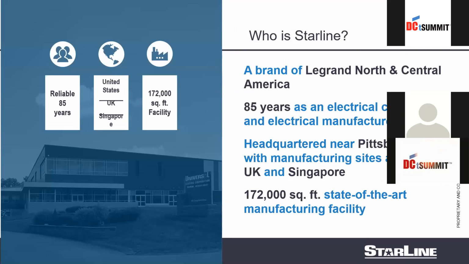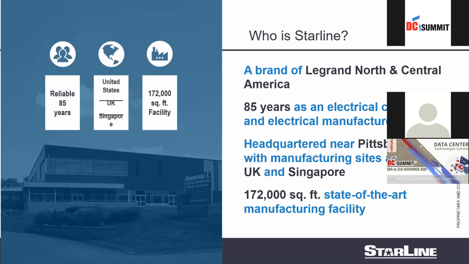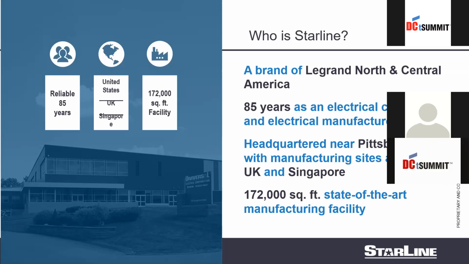Starline, we are a pioneer in data center bus bars, and the introduction of the track busway or the continuous access bus bar was done by Starline more than 35 years ago. Starline has more than 85 years of history as an electrical contractor and subsequently an electrical manufacturer. And now Starline is part of the Legrand group.